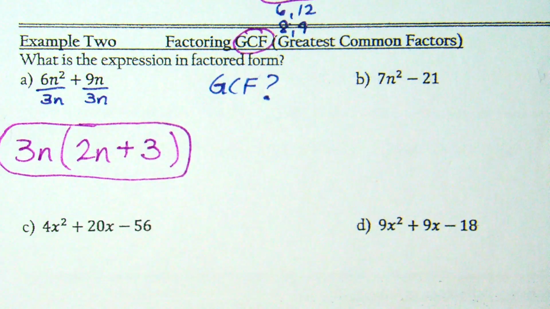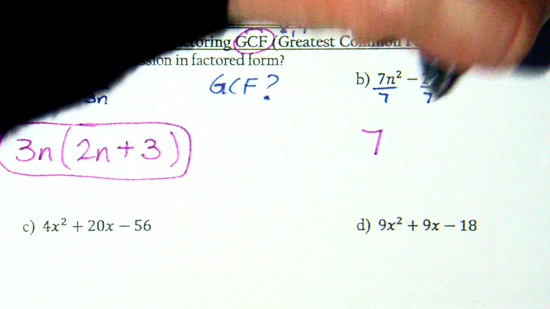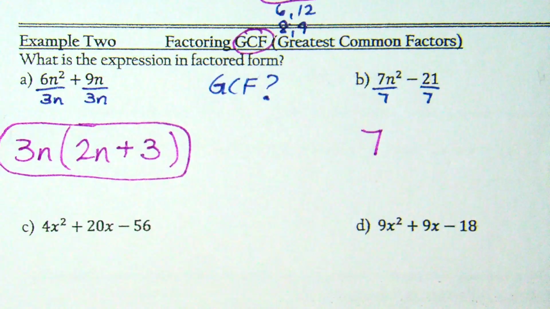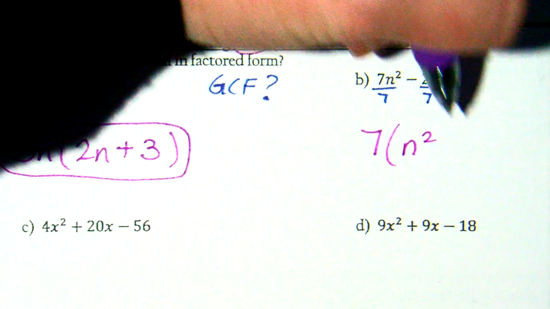Now, what are we doing to both terms? Dividing by 7. 7n squared divided by 7 leaves me with n squared in the parentheses, minus 21 divided by 7 is 3.